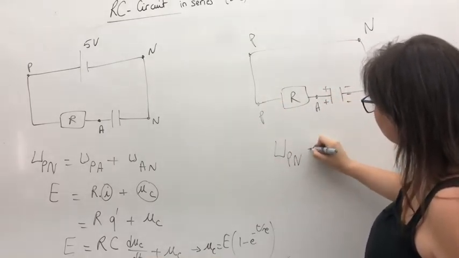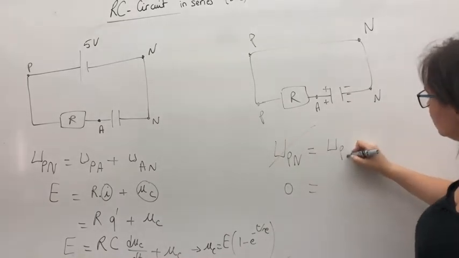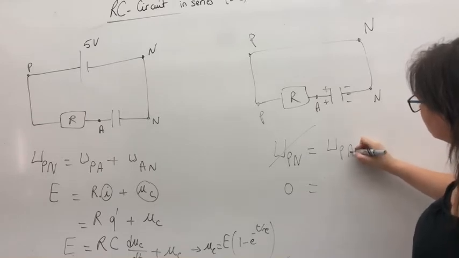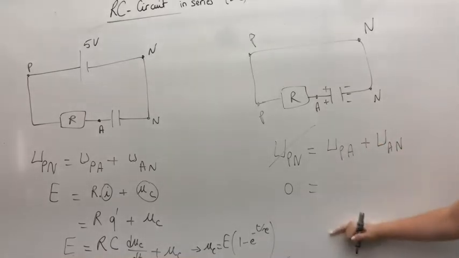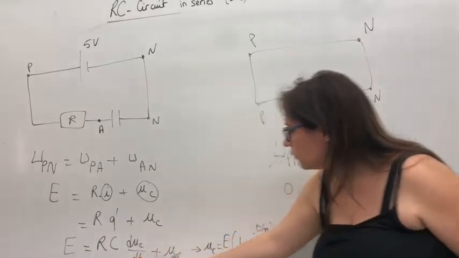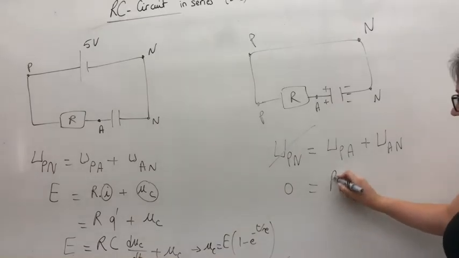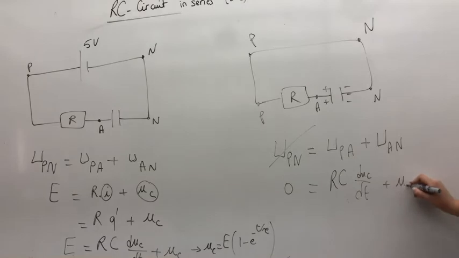UPN now is 0, equal to UPA plus UAN, that is, U of the resistor plus U of the capacitor. Again, nothing changes in the reasoning, so the final answer will be the same: RC dUC over dt plus UC.